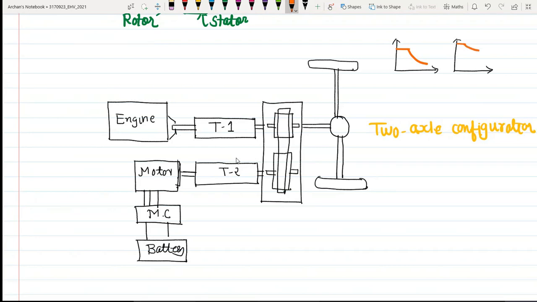Like first gear will give you these characteristics, second gear will give you these characteristics, third and fourth gear will give you these characteristics. So overall, we will be able to get characteristics similar to an electric motor, right? So it is advantageous for us when we are using IC engines. At that time, multi-gear transmissions will be beneficial to us.